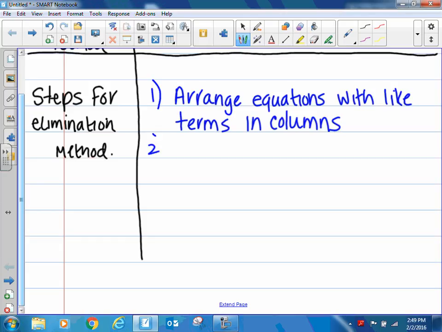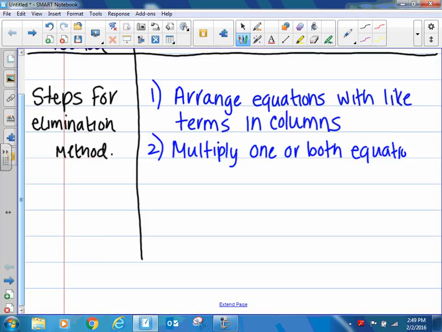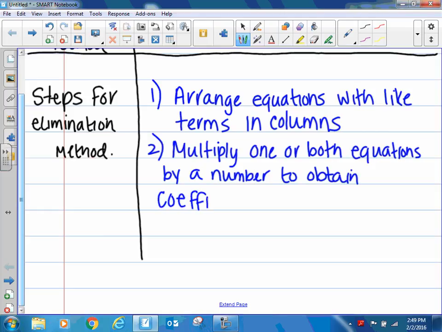After we do that, our second step is to multiply one or both equations by a number to obtain coefficients that are opposites for one of the variables.